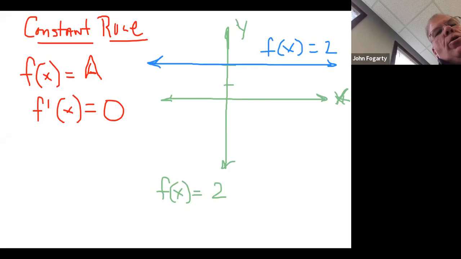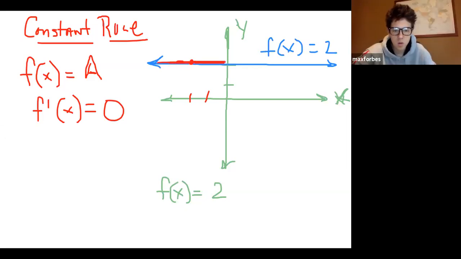Whatever point you went to on that line, what would be the slope? So if I go to this point here, x is -2, and I drew the tangent line, what would it be? 0. The slope would be 0.